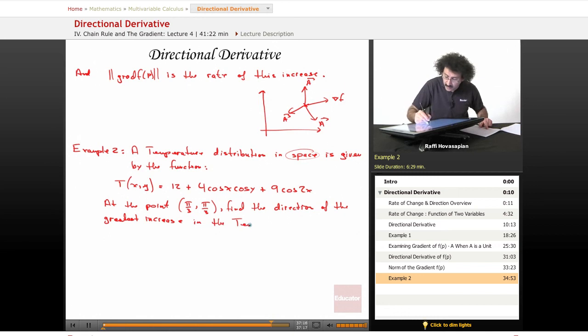In other words, once I get to the point pi over 3, and if I want to move in the direction that gives me the highest and fastest increase of the temperature, what direction do I move in?